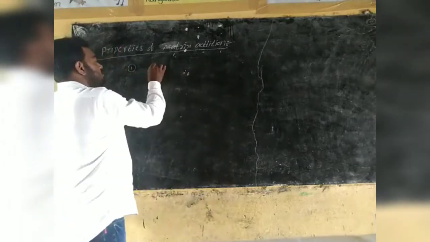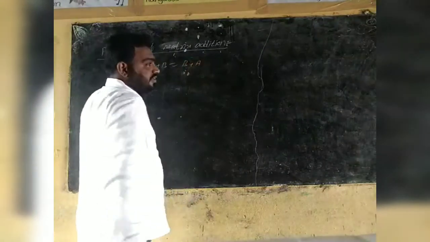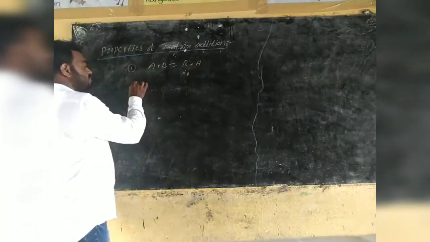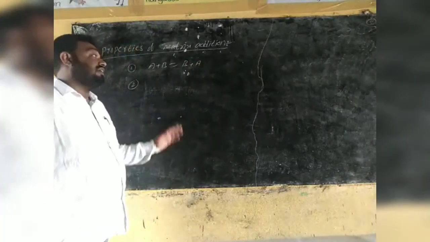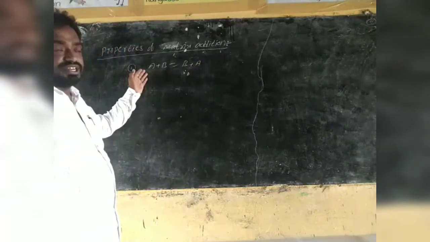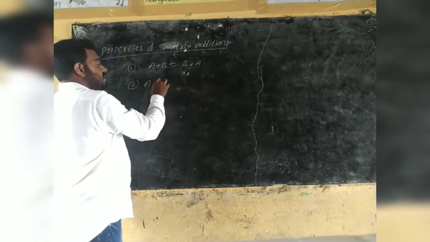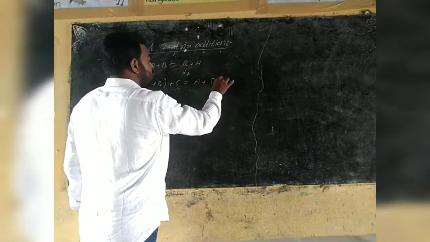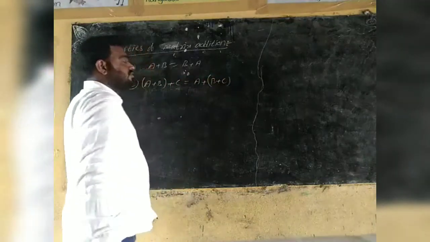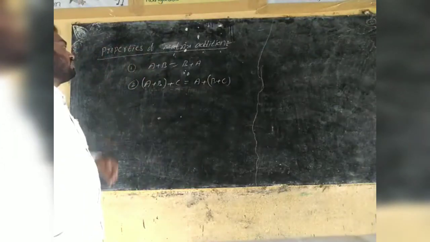That means A plus B is equal to B plus A. Next, the second one, the addition of the matrices satisfies the associative law. What is the associative law? A plus B, plus C, is equal to A plus, B plus C. So it satisfies the associative and commutative laws.